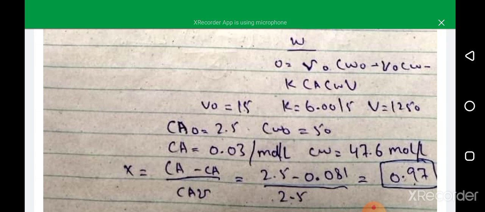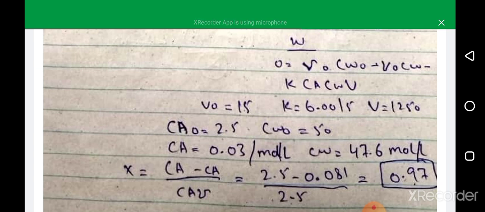CA0 is 2.5, CW0 is equal to 50, CA is equal to 0.03 moles, CW is equal to 47.6 moles. Now integrating these terms, we solve it this way.